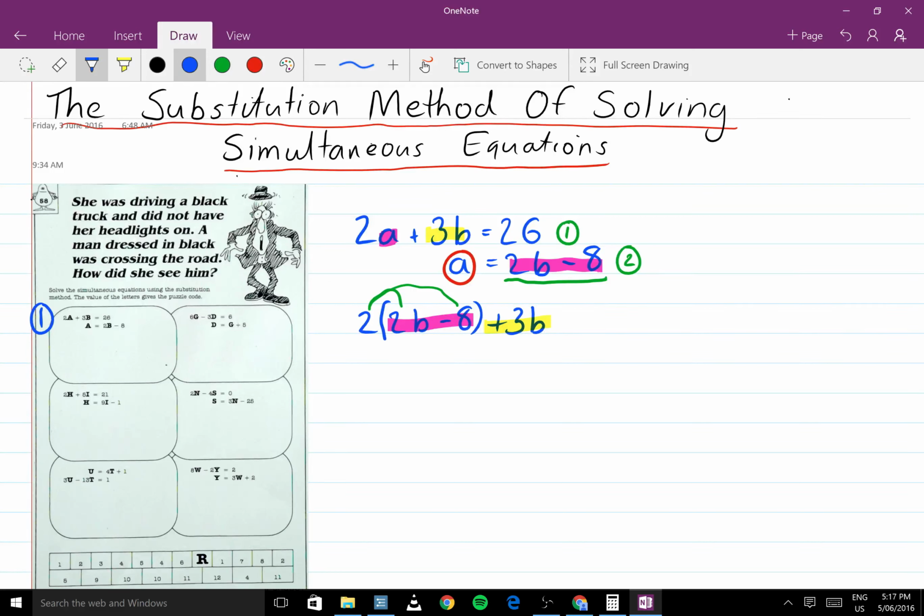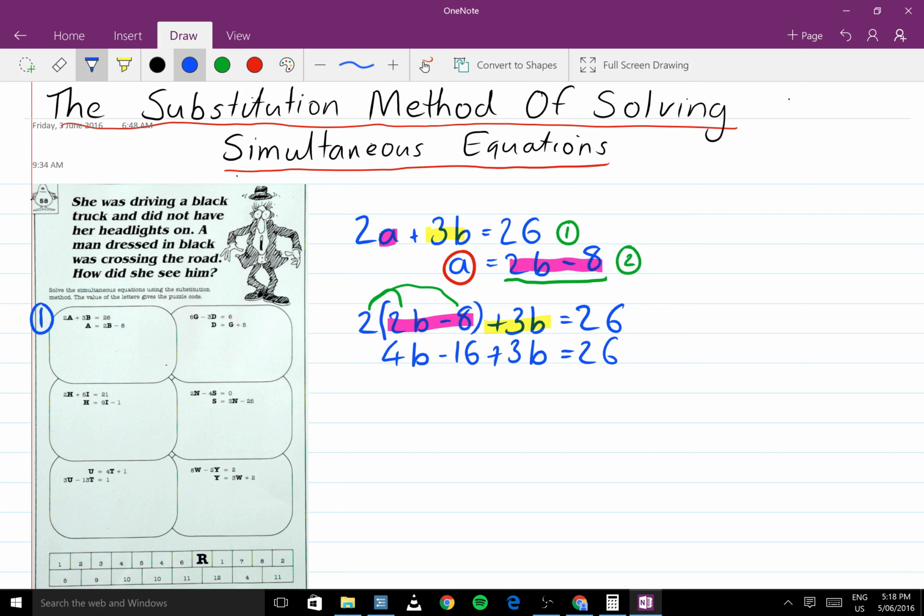So 2 lots of 2b is 4b minus 16. 2 times 2b is 4b, 2 times minus 8 is minus 16, plus 3b, equals 26. And sorry, I should have put that on the top one as well. So equals 26. Hopefully you'll forgive that little mistake.